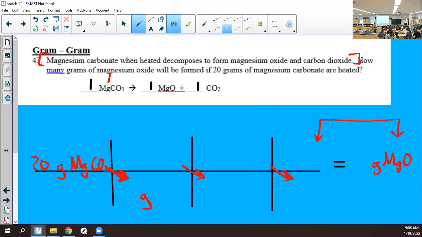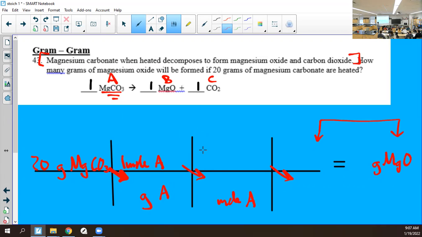I'm going to call this A, B, and C. So MgCO3 is A. So I'm going to have grams of A, and grams are always per 1 mole of the same thing. 1 mole, and I'm going to call it A, and A just is representing MgCO3. So I just didn't have to write it as much. That means that down here, I must have the same unit, mole of A, and it's going to be nice. There's just 1s everywhere, right?